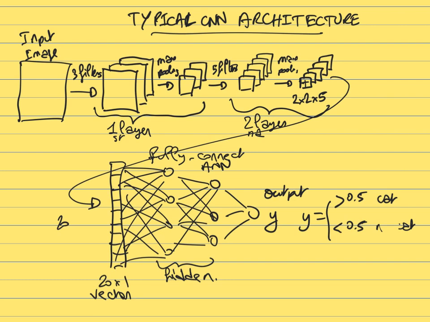So the main objective of this type of network is that initially you will have some low-level filters that will try to detect some low-level features, like detecting some edges, detecting some shapes, simple patterns that you can find within the picture.